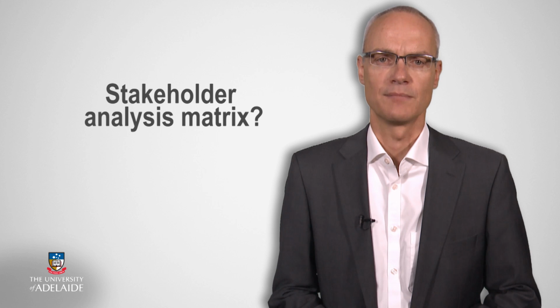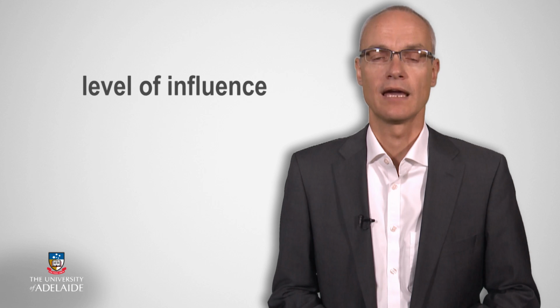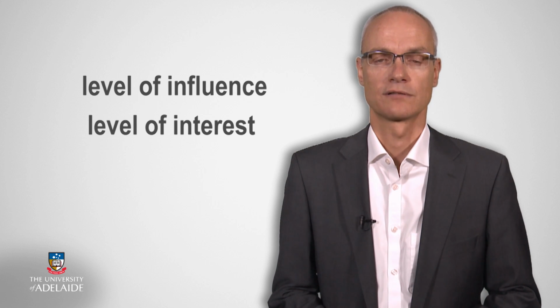The next question is, what is the purpose of preparing a stakeholder analysis matrix? A stakeholder analysis matrix identifies and then categorizes all project stakeholders according to their level of influence and level of interest in the project.